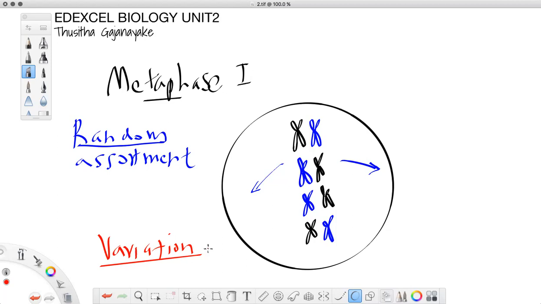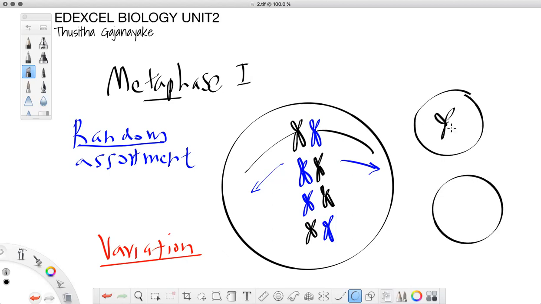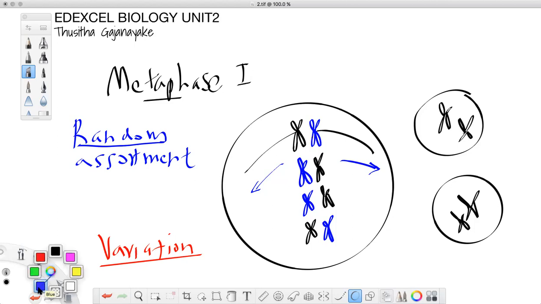After that, what is going to happen is the same way: this chromosome is moving to this side and this chromosome is moving to this side in anaphase. Then one pair is coming to one cell and the other pair is coming to the other cell, like here one, so two here.